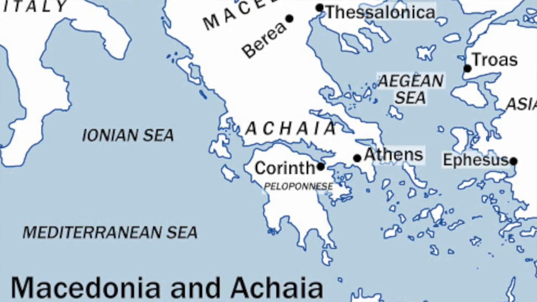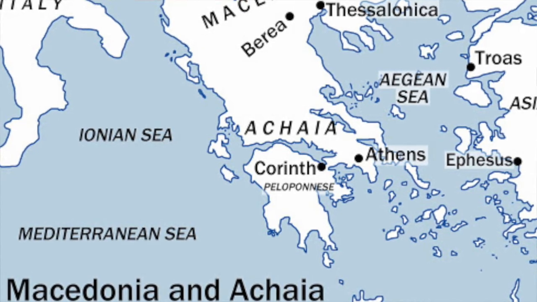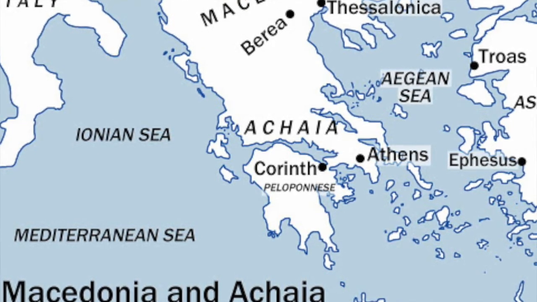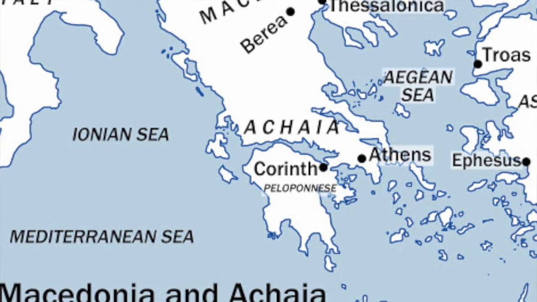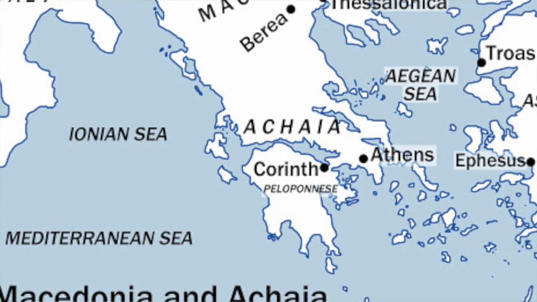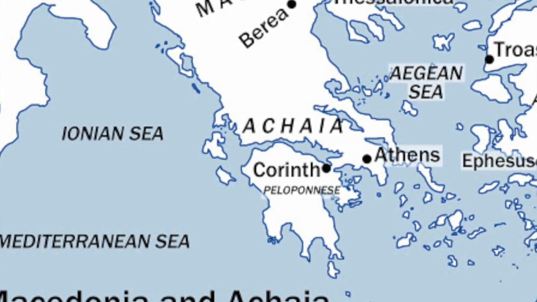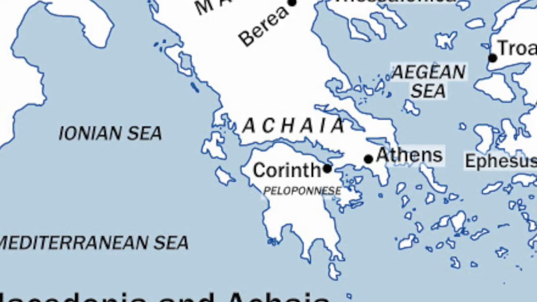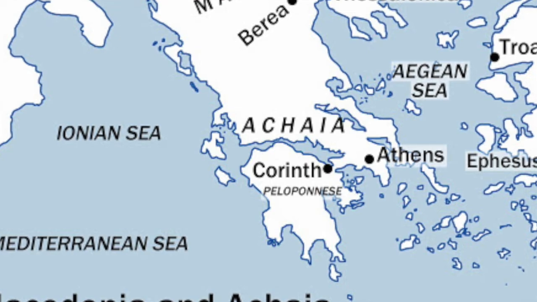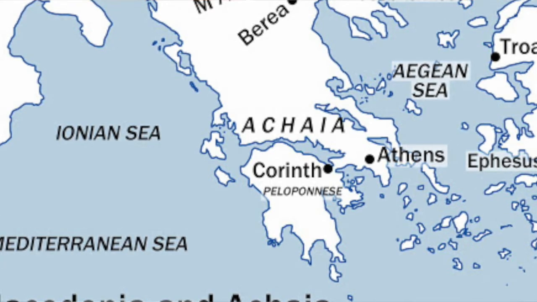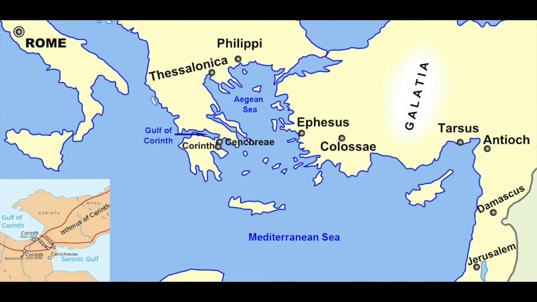It was in the province of Achaia and it was 50 miles from Athens, and it was a very powerful and very prosperous commercial center. It was the center for trade and manufacturing, especially known for bronze works and polished mirrors.